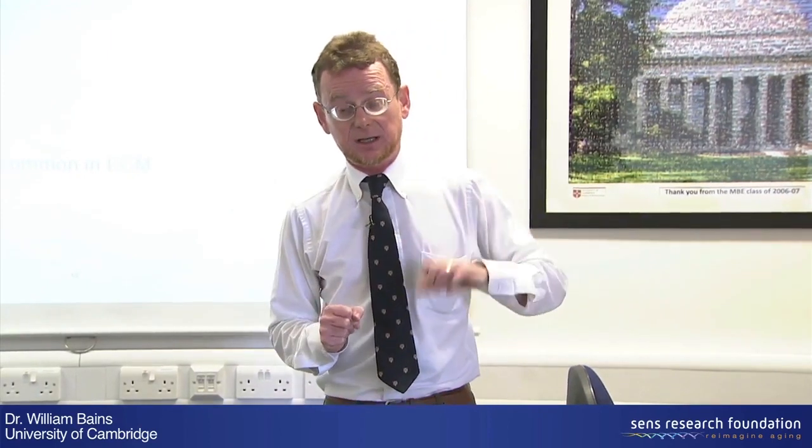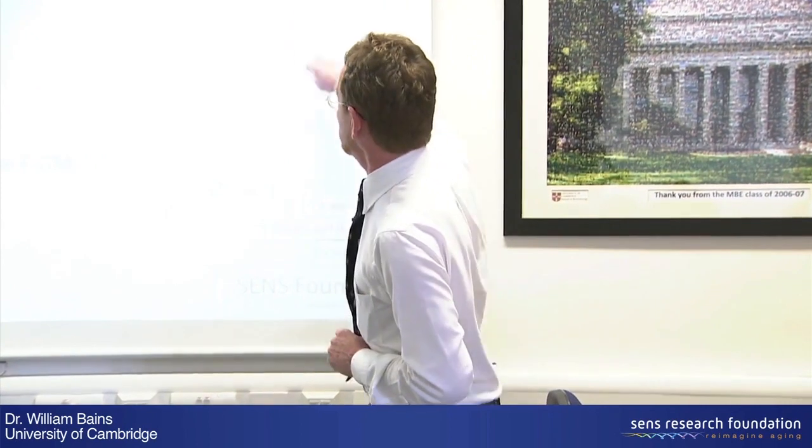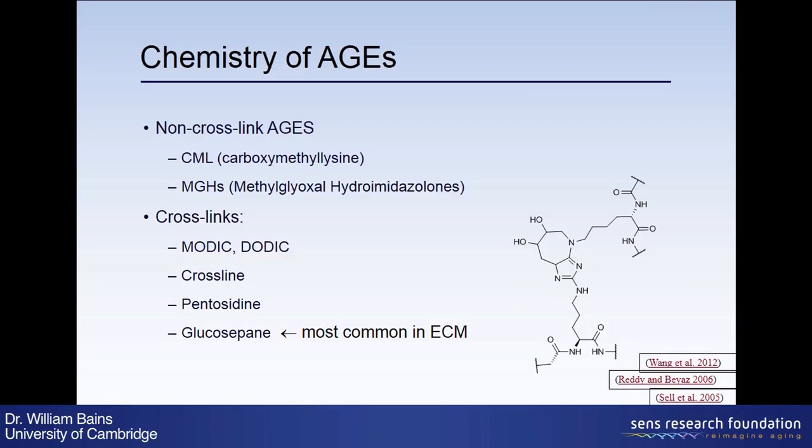We're more interested in crosslinks. We're interested in glycation end products that have a protein here and a protein here and link the two. There's a whole zoo of them with names like MODIC and DODIC and Crossline and so on. The one we're interested in is glucosepane. This is the glucosepane structure. So here's one protein chain, here's another protein chain, and it forms this weird thing in the middle.